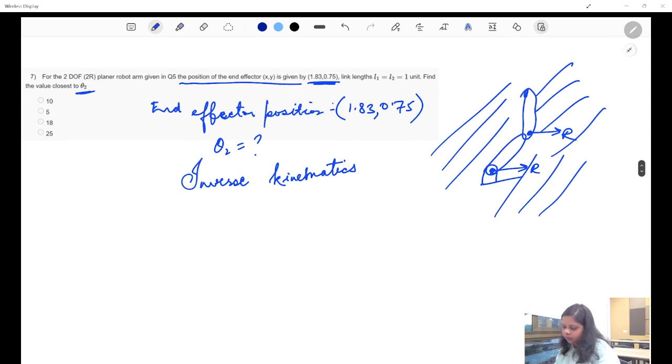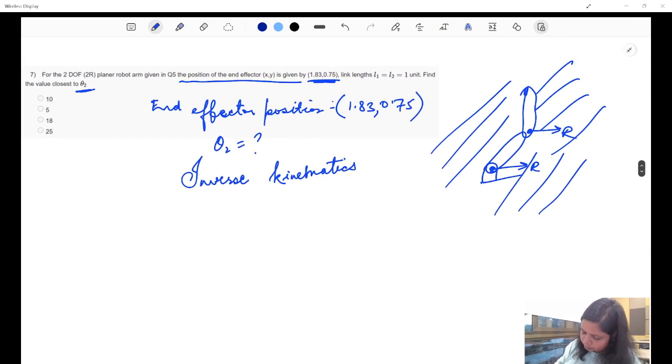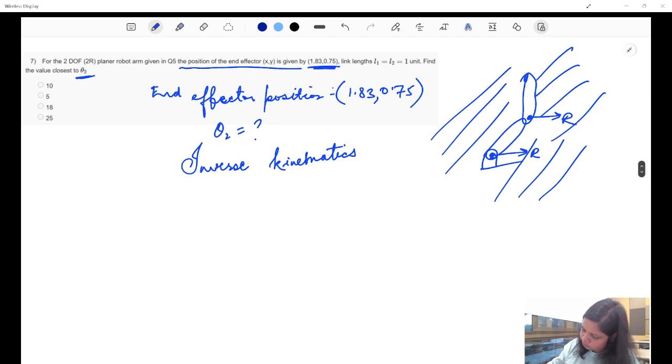So we want to find out theta 2. We have this end effector position already given. So let's say x, y is 1.83 comma 0.75. It is already given to you. L1 is equal to L2 is equal to 1.